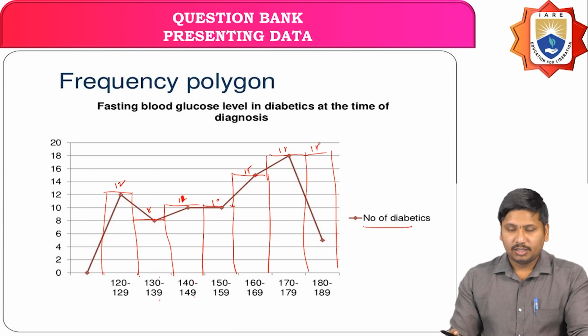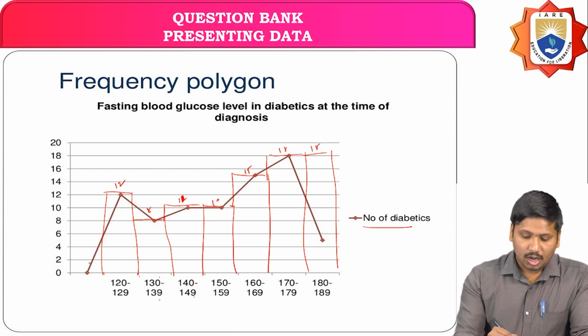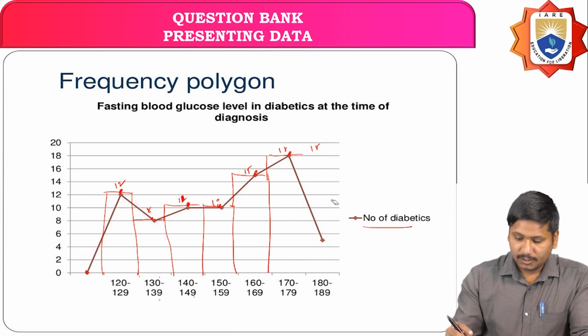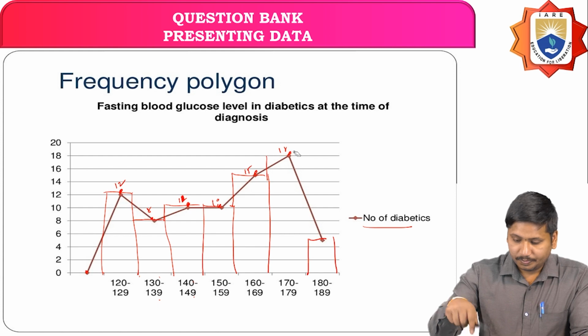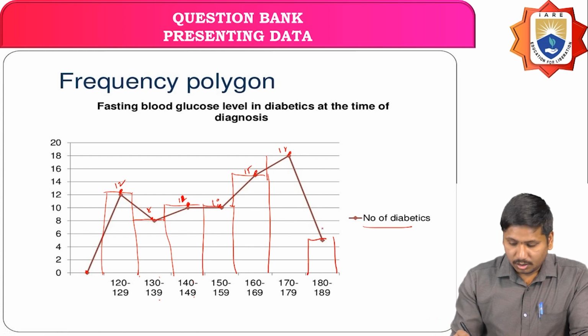So first I have to construct this. After that, I have to find the midpoints of the rectangles, and these are the points I got. This one is not here, this one should be here.